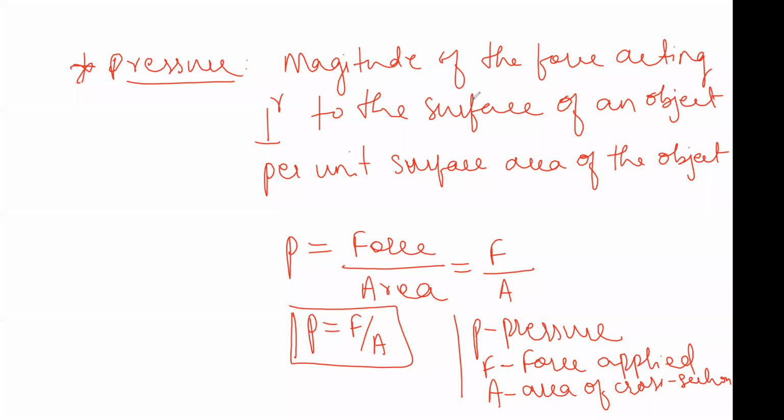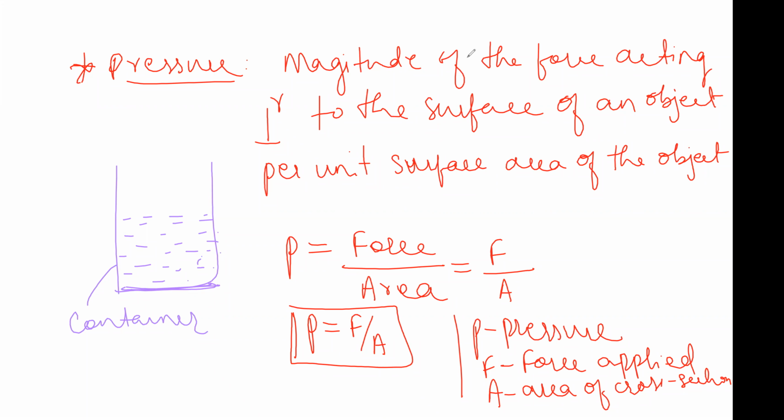So here, let us take the example of water itself. Suppose you are considering water in one container. Water is in the container, and this is the surface of the container. The water occupies the container and takes the shape of the container.